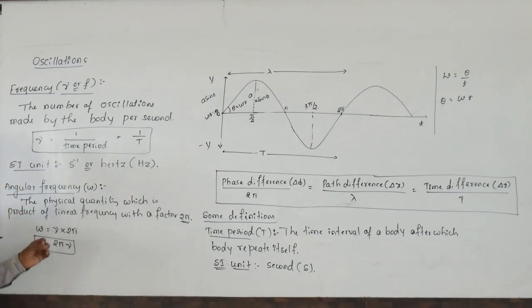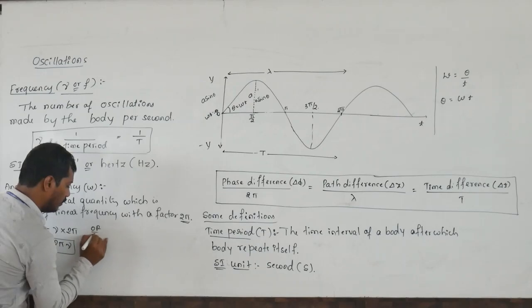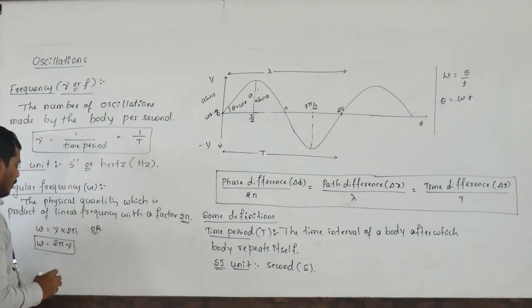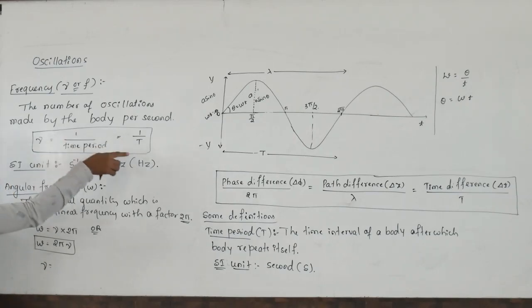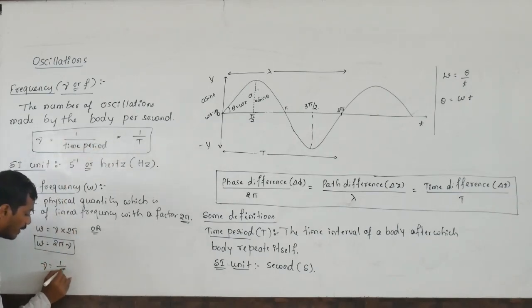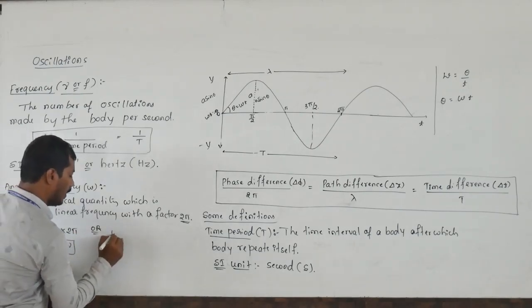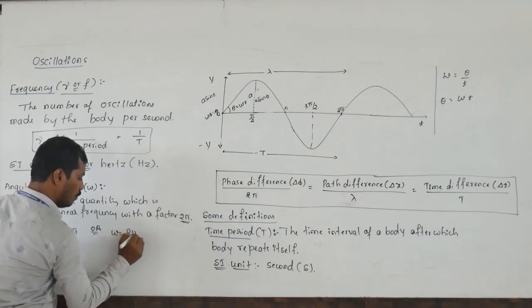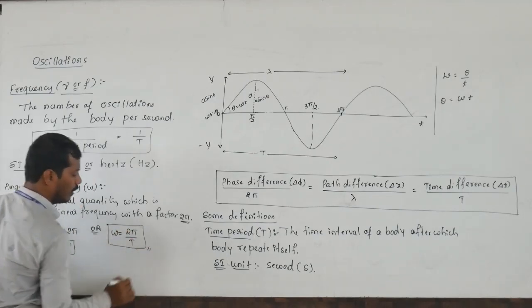One formula is ready. Another one is also right, because nu is nothing but 1 by T, 1 divided by time period. If it is 1 divided by time period, then omega becomes 2 pi divided by T. This is very, very important.